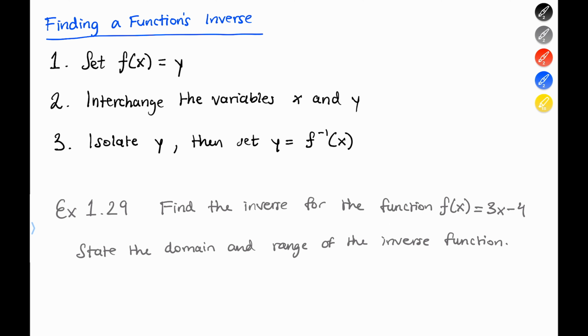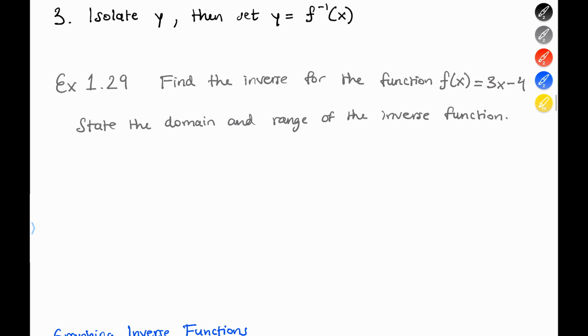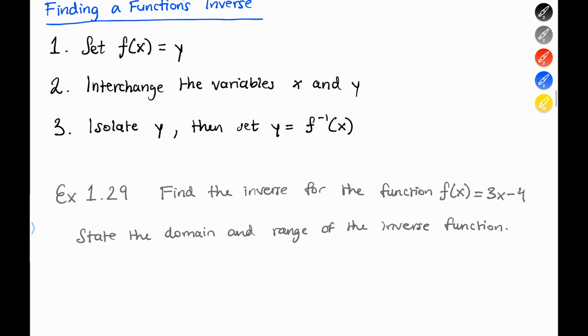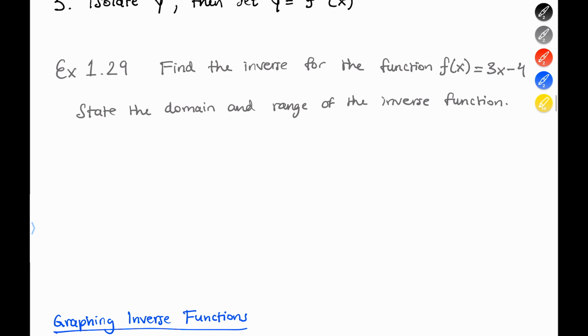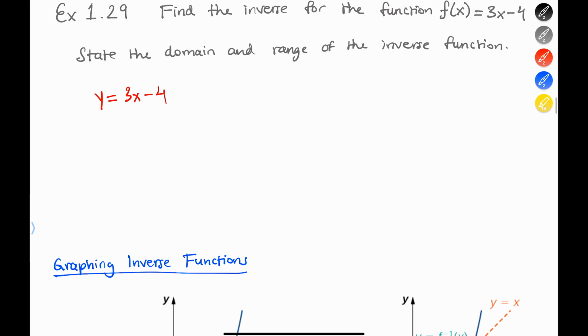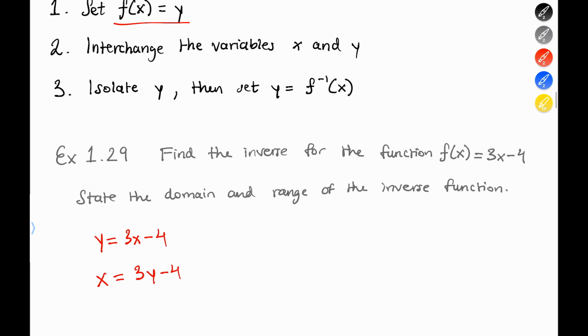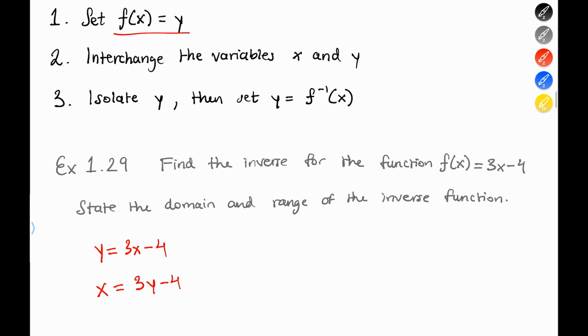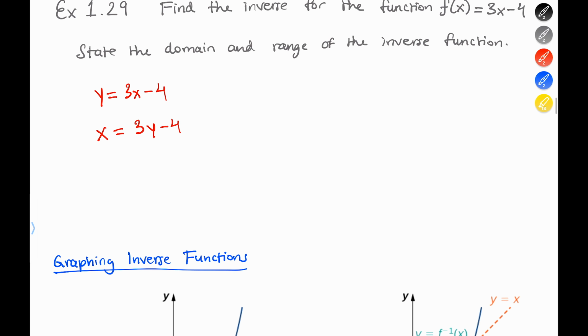So let's start by setting f of x equal to y like the first step. So y is equal to 3x minus 4. Now the second step is to interchange the variables x and y. So it's going to become x is equal to 3y minus 4. And now we have to isolate for y, and then set it equal to f inverse of x.